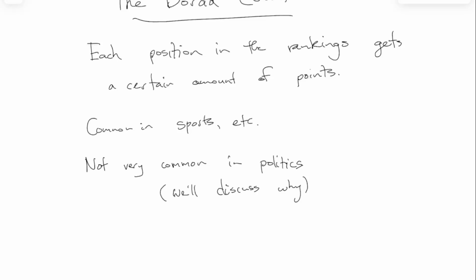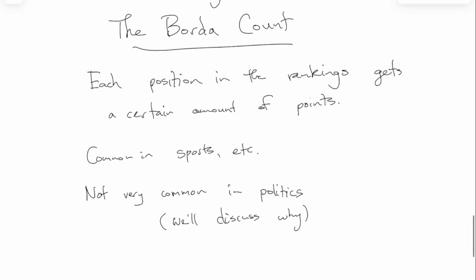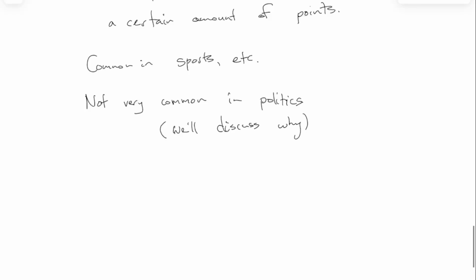Anyway, we should be specific about how exactly the points work. There are, of course, many different ways you could decide to assign the points, but when I say the Borda count, I'm referring very specifically to the standard way of assigning the points. The points go like this: last place is 0 points.